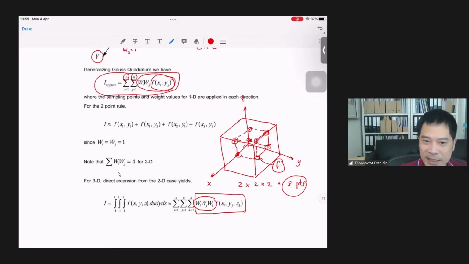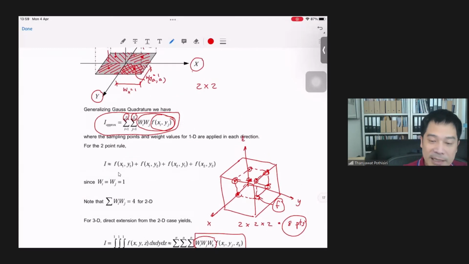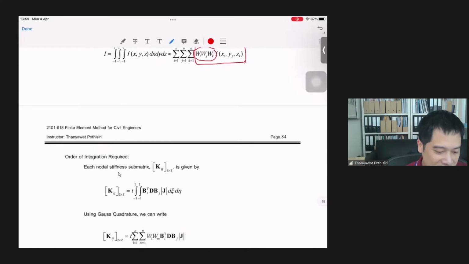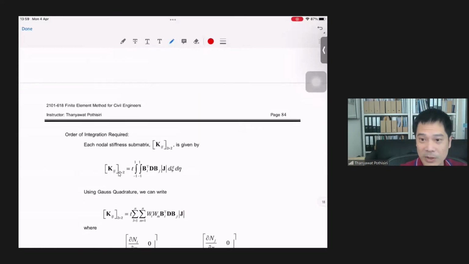Okay. So this is the concept of numerical integration. So we're going to be using this to compute or to obtain our element stiffness matrix instead of computing the integral analytically. Okay.